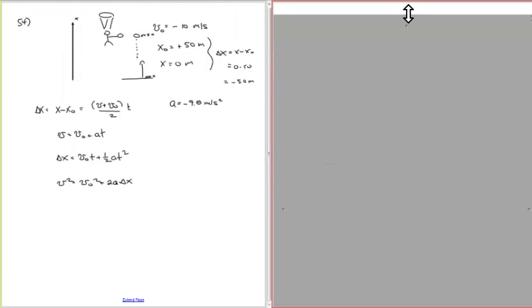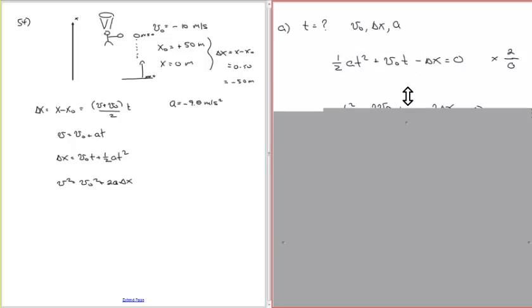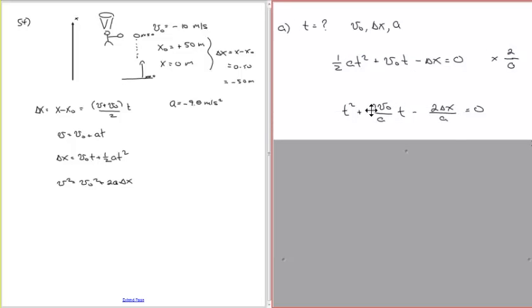So let me explain what happened here. So this was correct, and what I should have done here was multiply by 2 divided by a, not 2a. So doing that, the a's would cancel out here, and the 2's would cancel out, and you get 1 for the coefficient. So you get t squared plus 2v0 over a t minus 2 delta x over a is equal to 0.